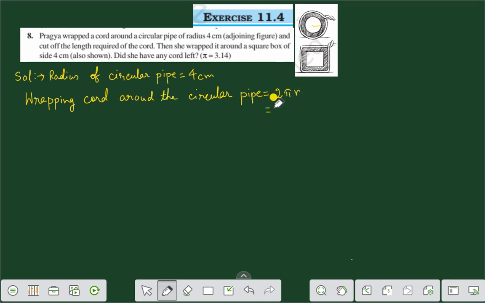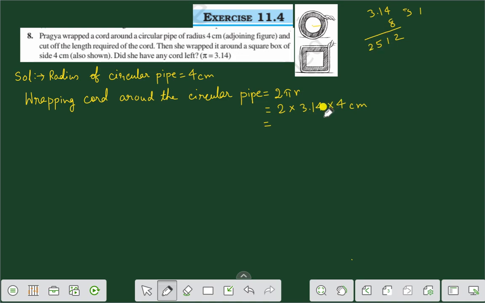And if you put in the values, the value of pi is 3.14, and the radius is given as 4 centimeter. Therefore, we multiply 3.14 by 8. 8 times 4 is 32, 8 times 1 is 8, plus 3 is 11, carry 1, 8 times 3 is 24 plus 1 is 25.